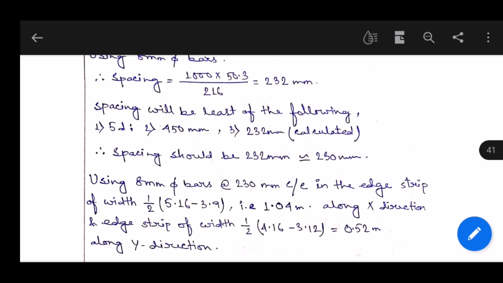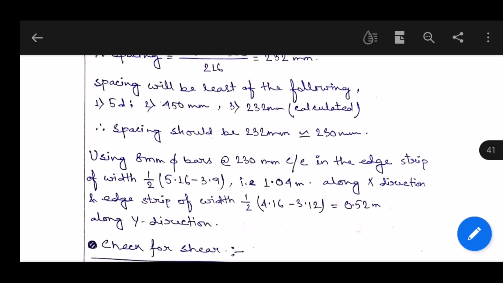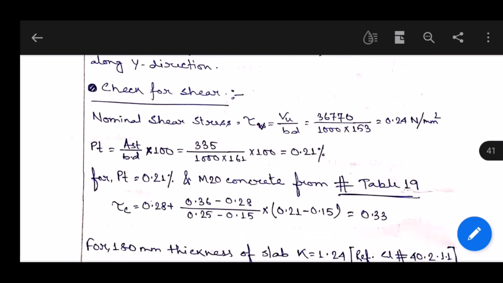In this case we use half because from the full effective span, if we deduct the middle strip, we will get the total length of edge strip from both sides. But for providing reinforcement and design, we have to know one side of the edge strip. That's why we just multiply the half value to get only one edge strip. Okay, now next step is check for shear.